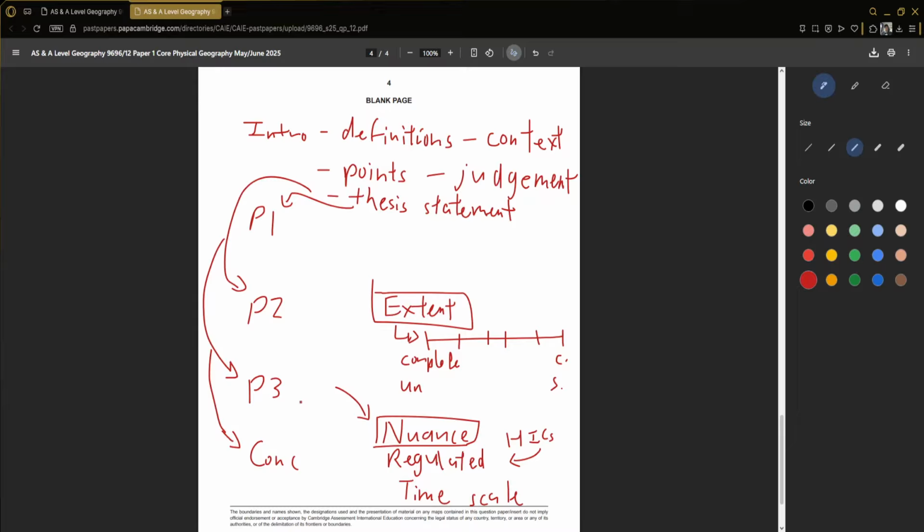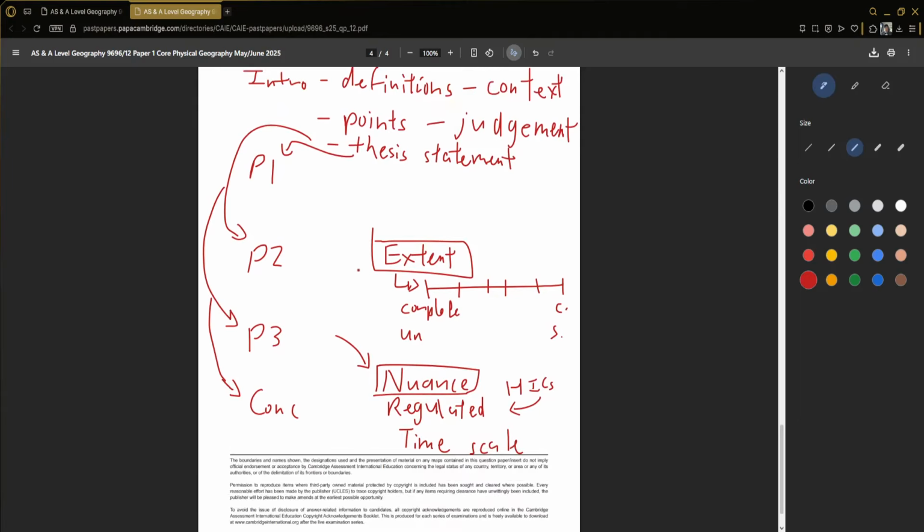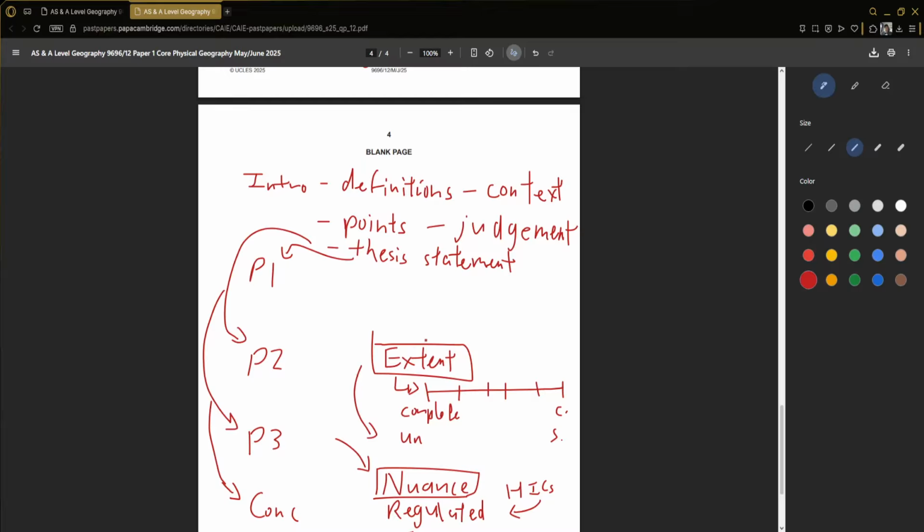So say something like attempts to reduce mass movements have been moderately unsuccessful because in the long run, the management techniques will inevitably break down due to exposure to the elements. So it's kind of combining these two in a sense, but just adding a bit more explanation to it.